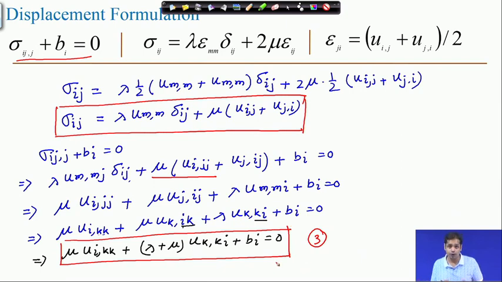Remember that when we wrote the equation in terms of stresses, we had 6 unknowns, which is again logical, because we have 6 stress components, 3 normal and 3 shear.